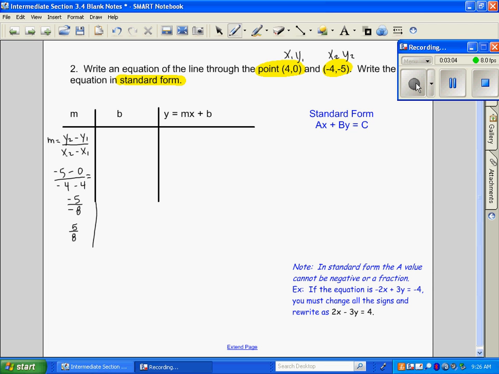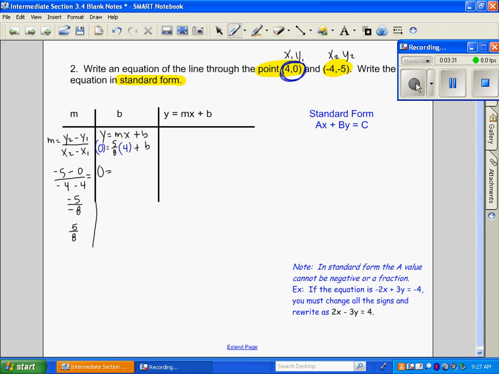Okay, I come back up and I need the same process to find my b. I can choose either one of these points. I'm going to use the point (4, 0) to substitute. So I substitute 4 in for my x and 0 in for my y. My m is 5/8 from the previous column, and I solve for b.